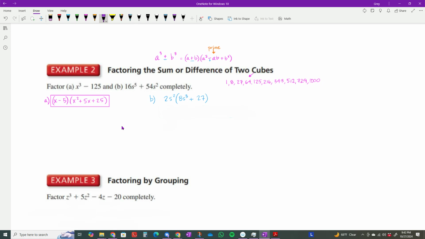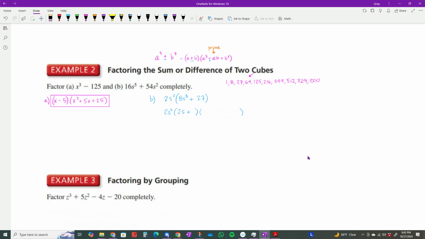Okay? Again, got to recognize those cubes. If you don't recognize those cubes, you don't know what to do from here. Okay? It is cubes. Cubes can be factored whether they're a sum or a difference. So I have to carry down my 2s squared. And then I'm going to have 2 sets of parentheses, and I'm going to take the cube root of each of these. The cube root of 8s cubed is 2s, same sign.